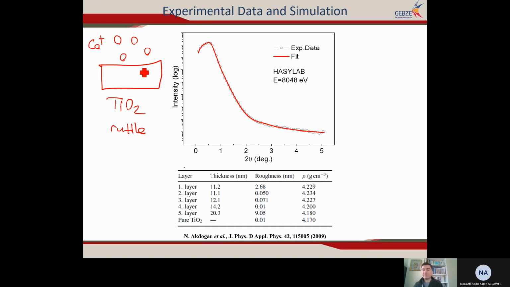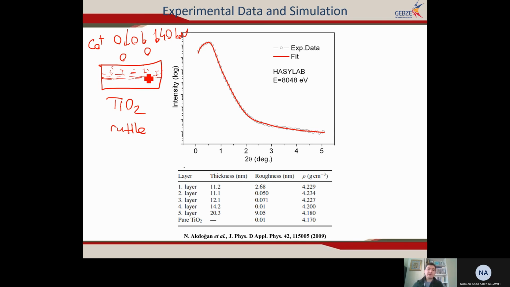Energetic cobalt ions. We discussed this during the X-ray diffraction experiments in the last lecture. These cobalt ions have certain incoming energies, 40 kiloelectron volts, let's say, so they can enter into the material and are stopped somewhere here.